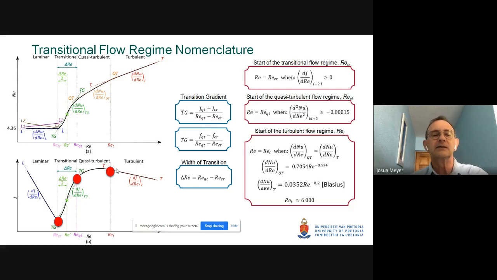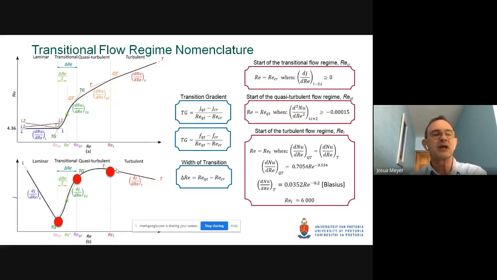And we used, for example, I'm not going to go into the detail, but the transition gradient, which is that gradient there. And you can actually see, to define that point there where the transition actually starts, you can use that line to do it with. However, the J factor line has a much sharper point there, and it is much easier to calculate it from the J factors.